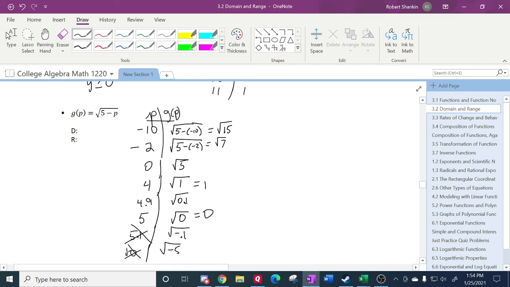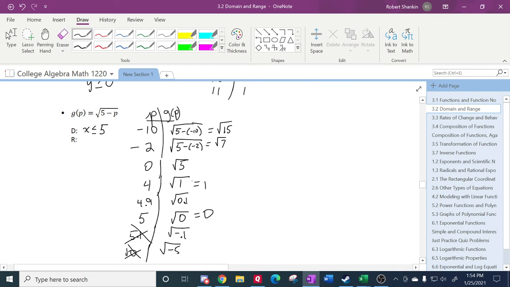Any of the numbers bigger than 5 is not allowed. It looks like from my table that I'm drawing, x is less than or equal to 5. And if x is negative, that's okay, because then this will be a double negative. But if x is too big, we have problems.